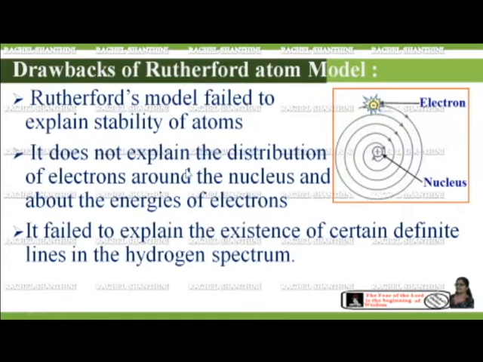Not only that, it does not explain the distribution of electrons around the nucleus, and it does not explain anything about the energy level of the electrons. He failed to explain the existence of certain definite lines in the hydrogen spectrum, which we will discuss in the later session of this chapter.